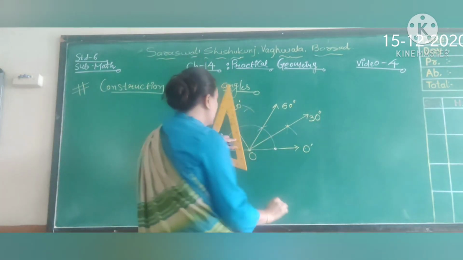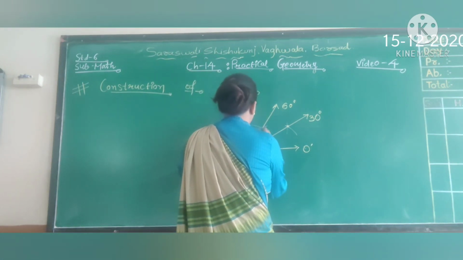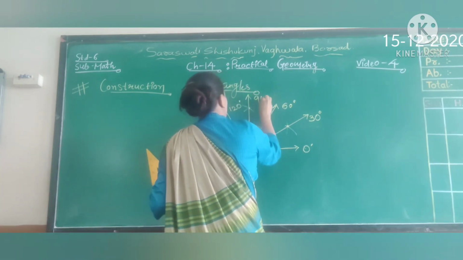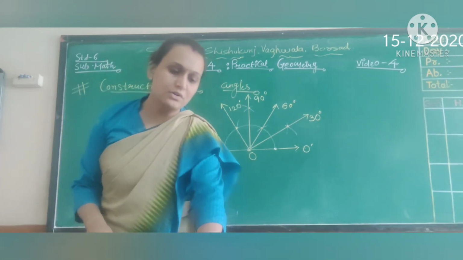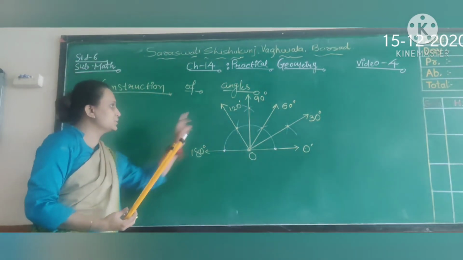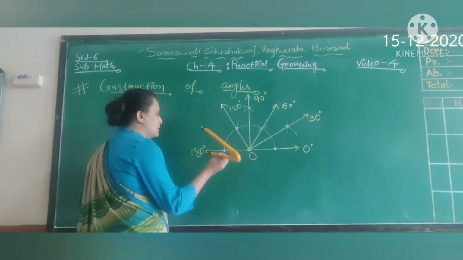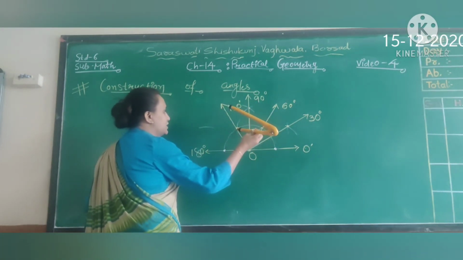If you join the intersection with center O, you are able to find exactly 90 degrees. So this is your 90 degree. Clear? Now if you want to draw 150, which is between 120 and 180, so with the center 180 and the same measurement 120.